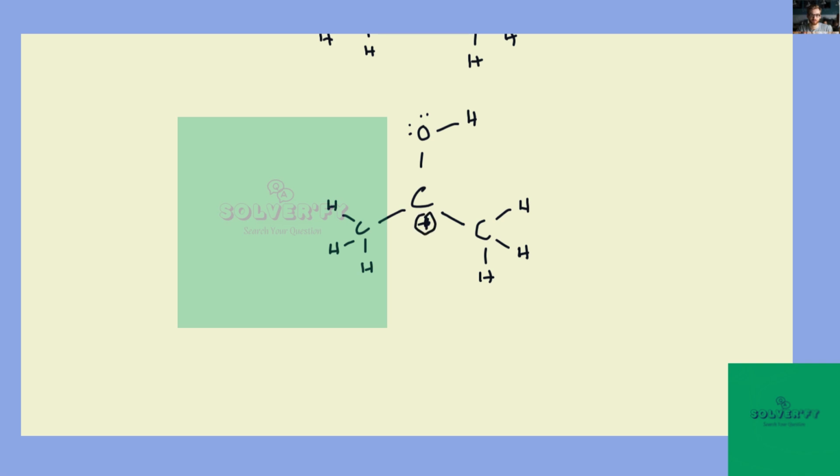Again, we're asked to determine whether this is reasonable or not based on evaluating the octet compliance of carbon. The CH3 with a bond to the central carbon has 4 bonds. That's all good. The one on the right, 4 bonds. That's good. But our central carbon has only 1, 2, 3 bonds. That is no good. This is not a reasonable Lewis structure.